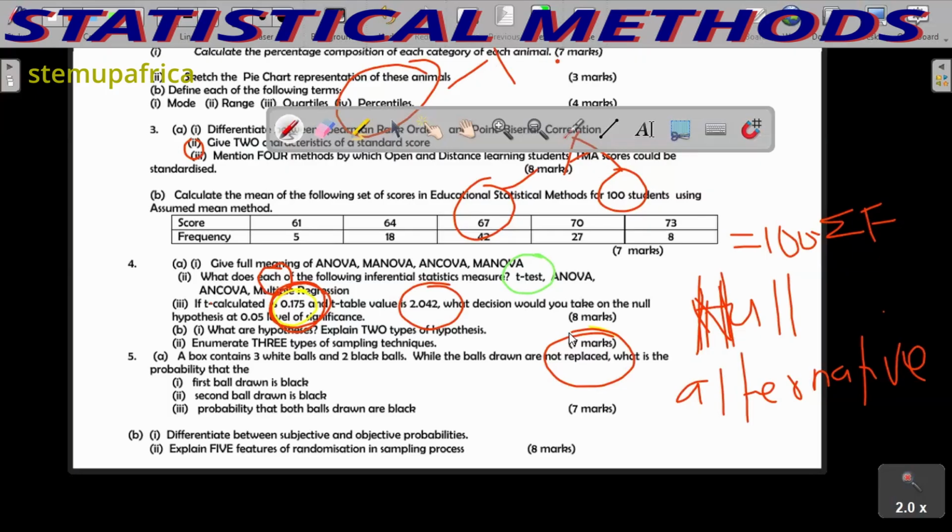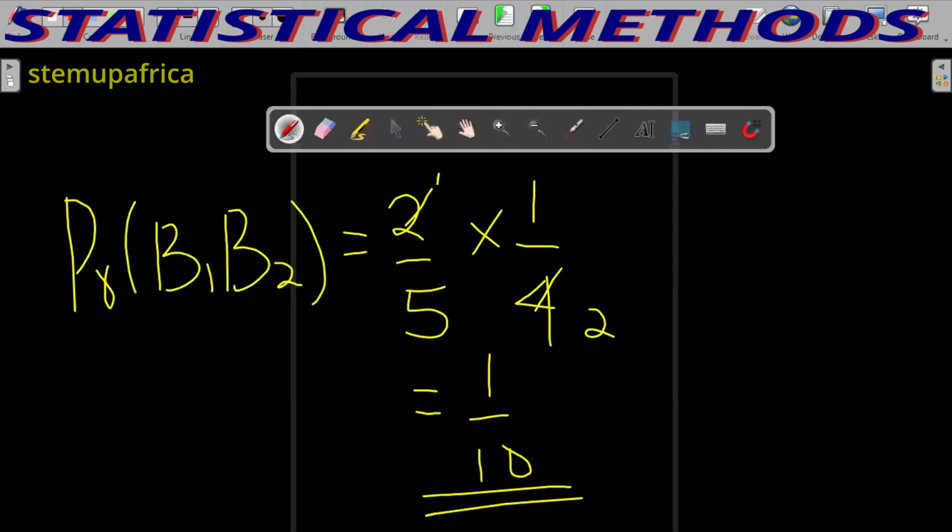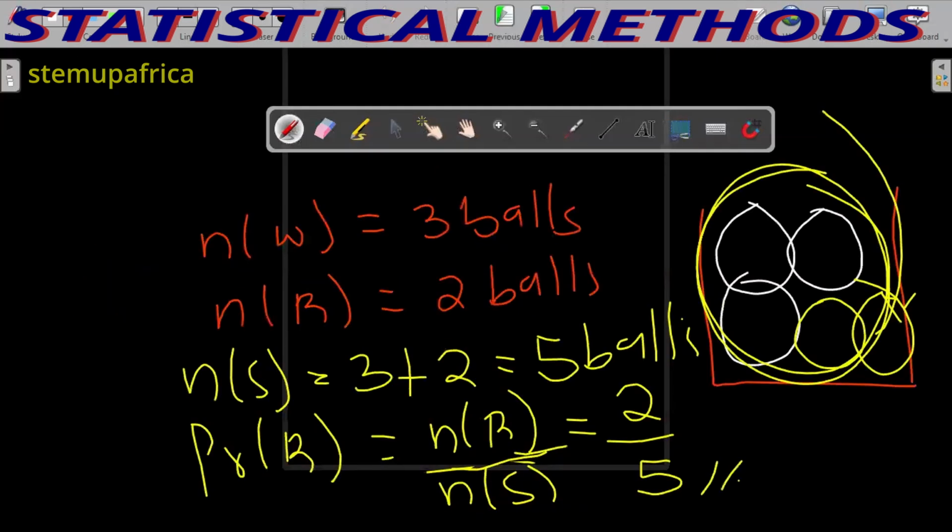So first of all, you need to know the total number of balls in the bag. We have 3 white balls and we have 2 black balls. So the number of white balls is 3.